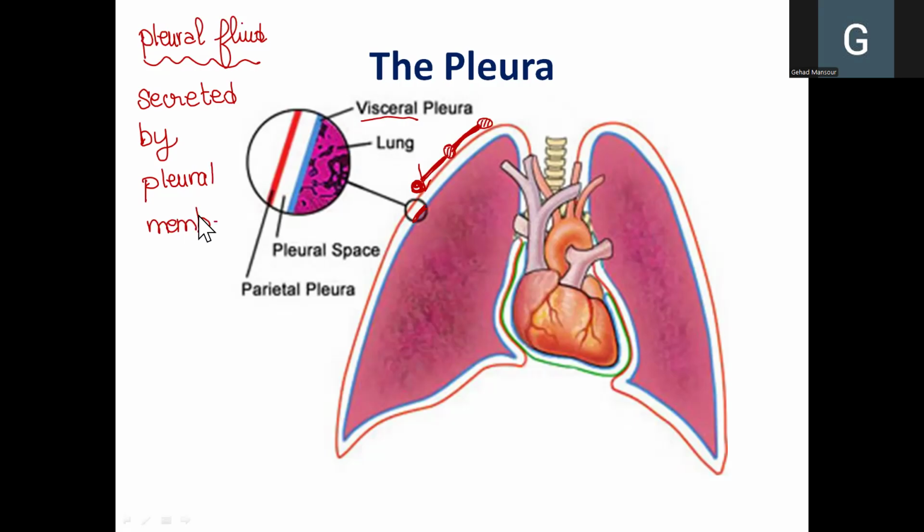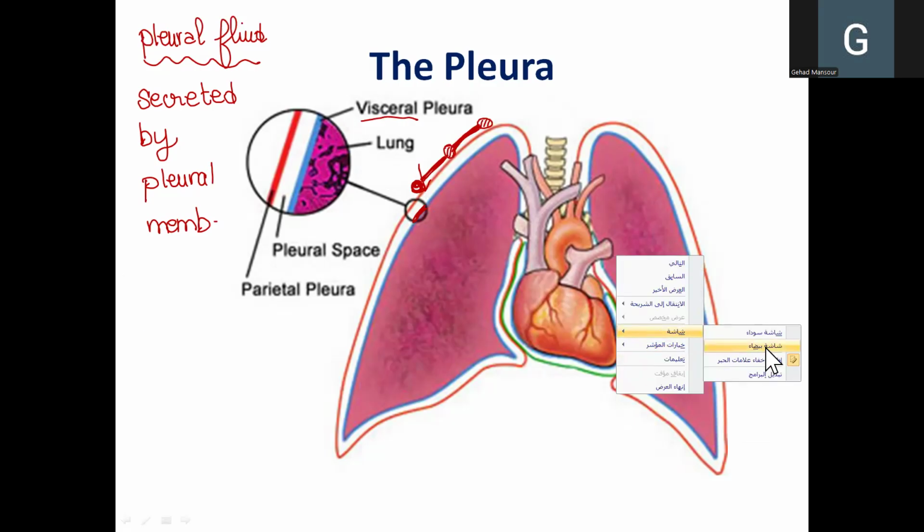The pleura, being a double membrane with a minimal layer of fluid in between, has several important functions in the lungs. First of all, the pleura is protective. We're going to open a screen in order to summarize the functions of the pleura.